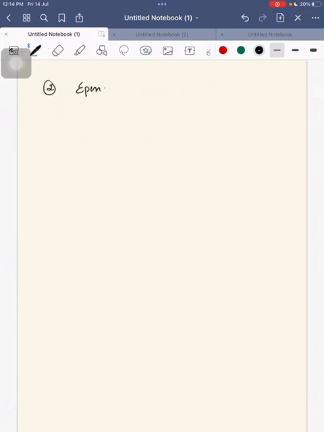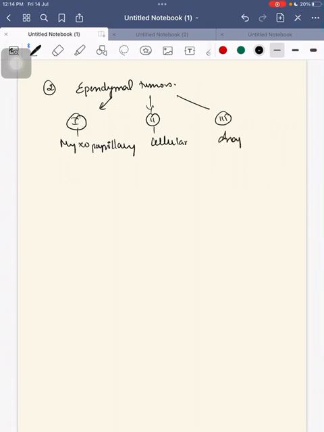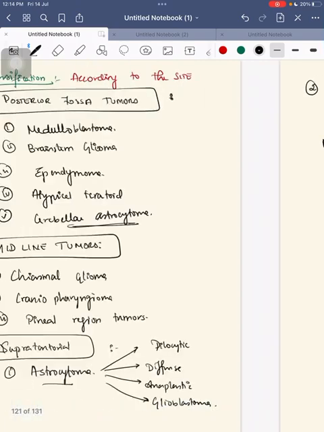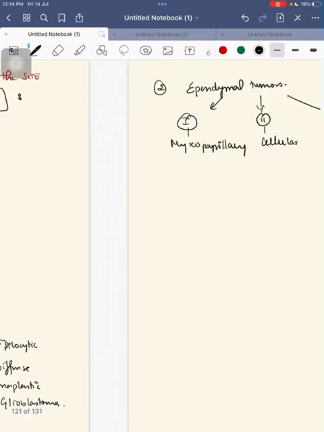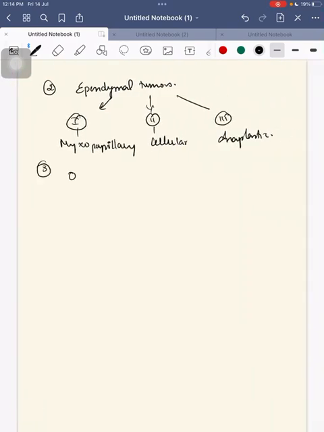Second is ependymal tumors. In ependymal tumors, we have first one as myxopapillary. Second one is cellular, that is grade 2, and grade 3 is anaplastic. So these are supratentorial tumors. Third one is oligodendroglial tumors.